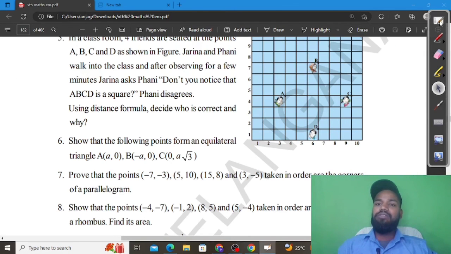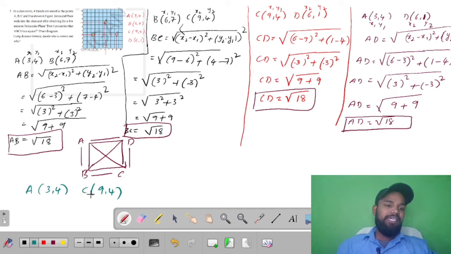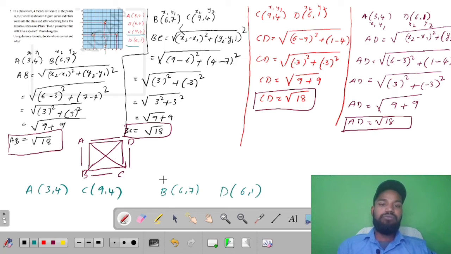So now we are going to find AC and BD. What is the BD value? B is 6 comma 7 and D is 6 comma 1. So we need to find them.